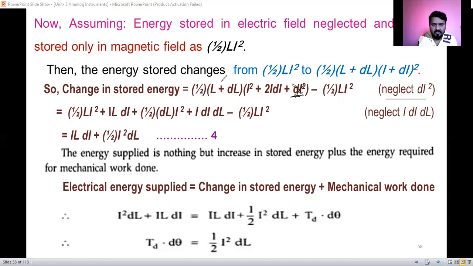The first term, 1 by 2 Li square. Next, 1 by 2 L into 2I di by dt. The 1 by 2 into 2 will get cancelled.